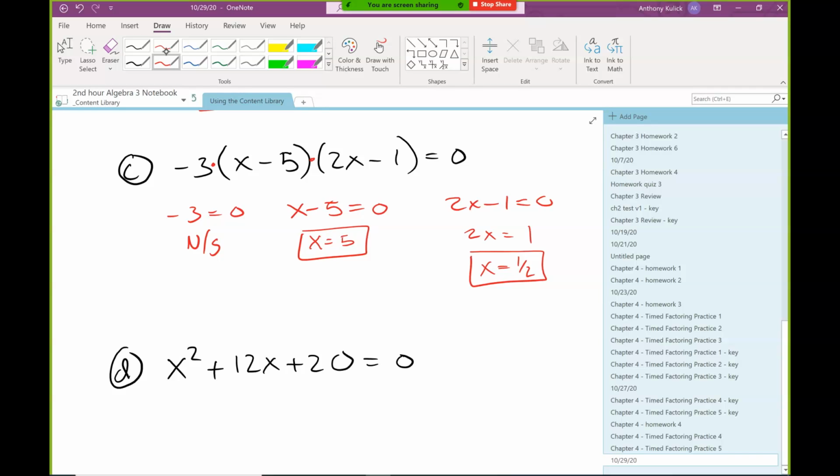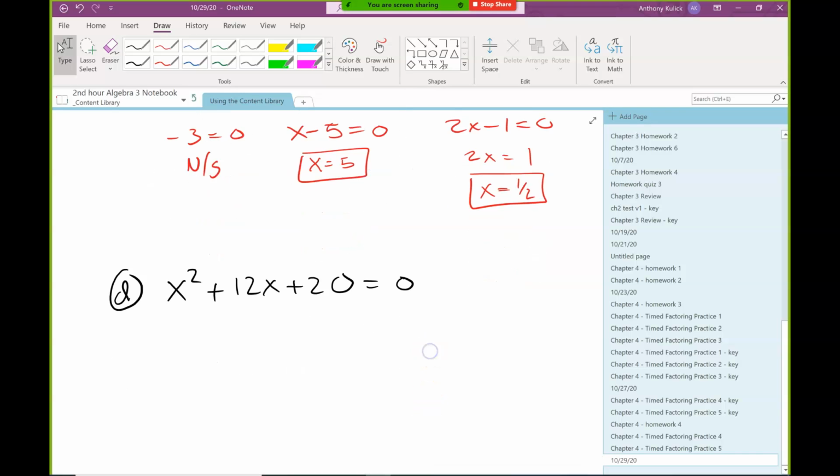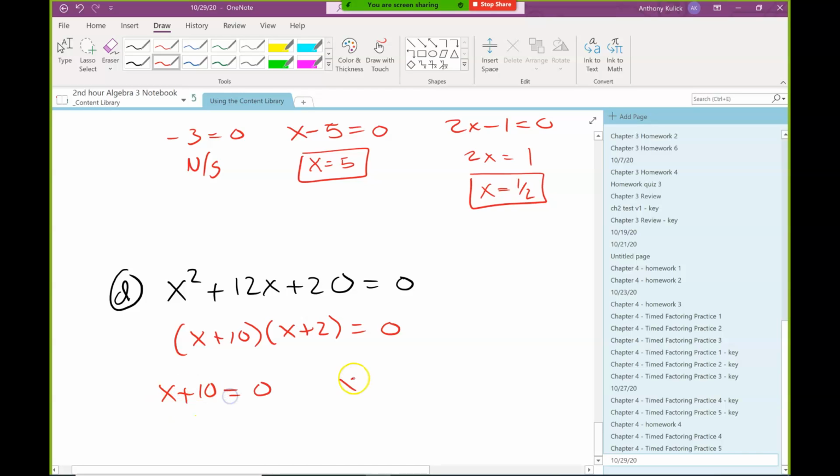What are the two numbers that multiply to give us 20 and add to give us 12? 10 and 2. Now we're in a place where we can apply the zero product property because we have two things. And so now we can attack each of these two things separately.